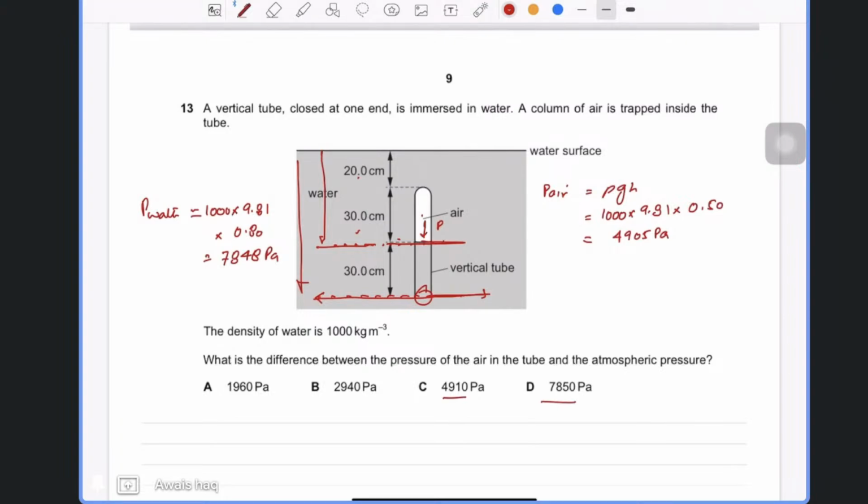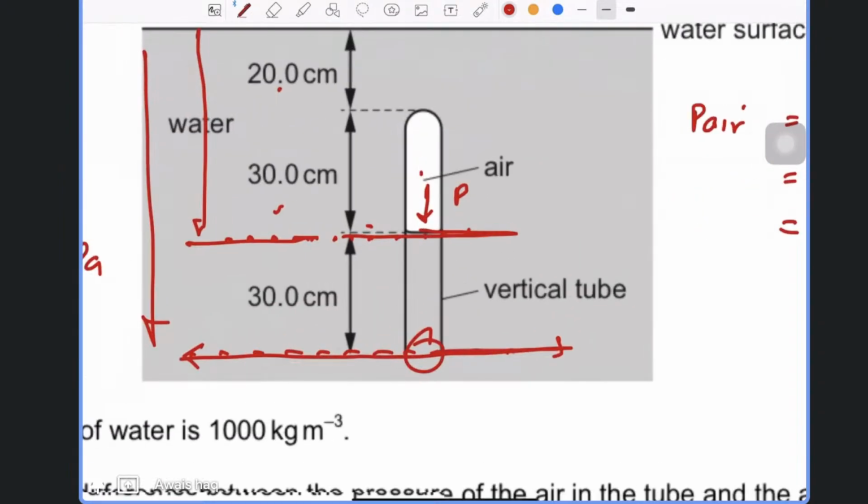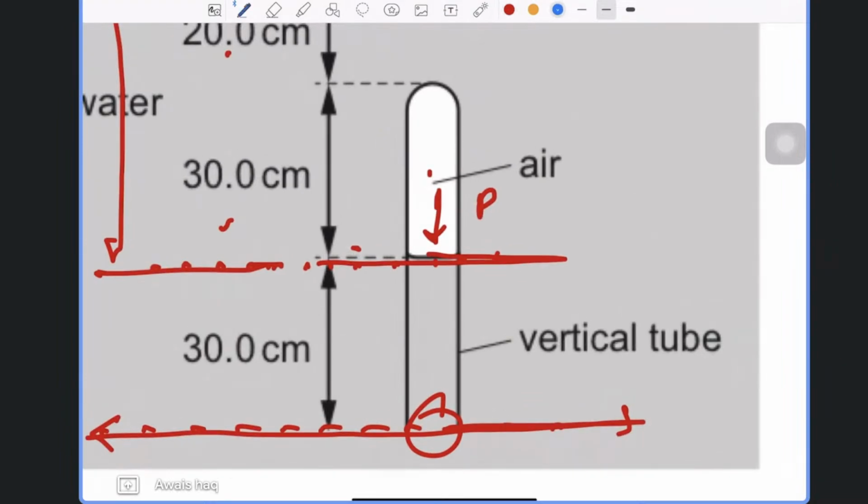Now, I just want to tell you something very important. The balance is right here, which means the water is going to push it here and air is pushing it down. So at this particular level, they have created a balance. Do you guys understand this?